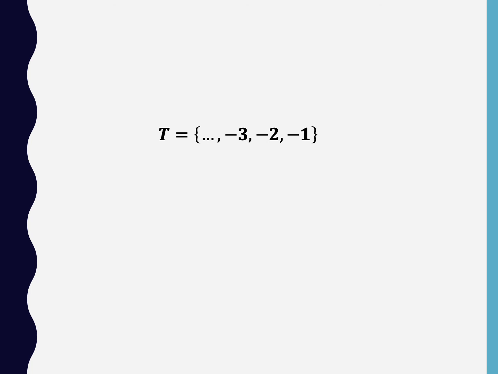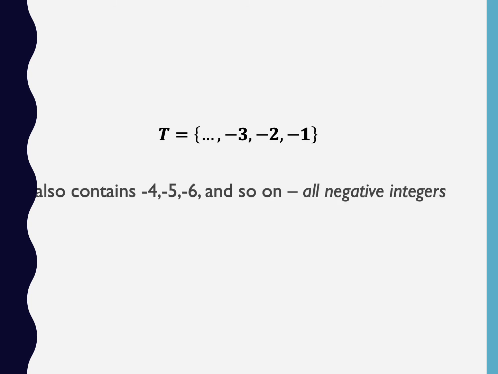This is another example of an infinite set extending in the other direction. Notice that the continuous dot is going to the left. It means it also contains -4, -5, -6, and so on, or all negative integers.